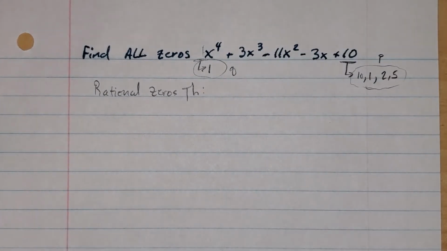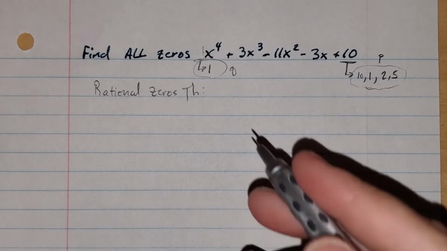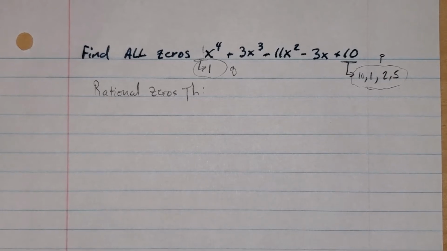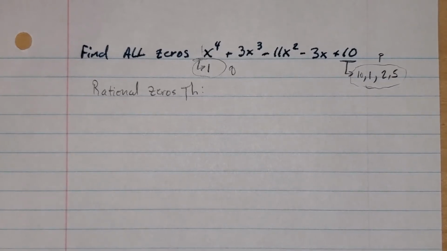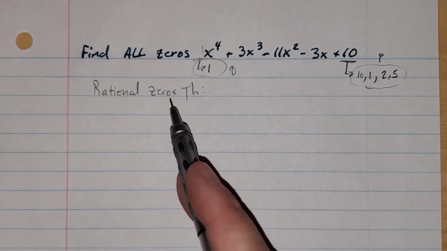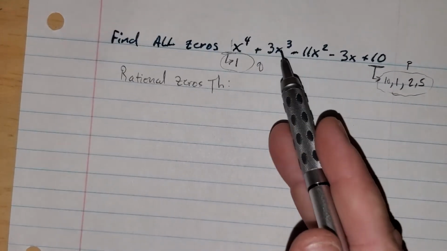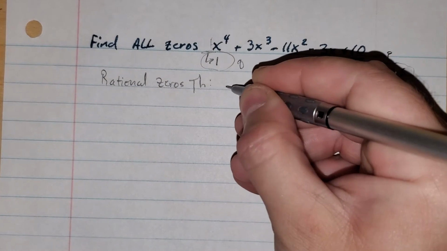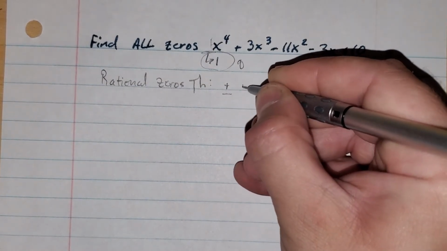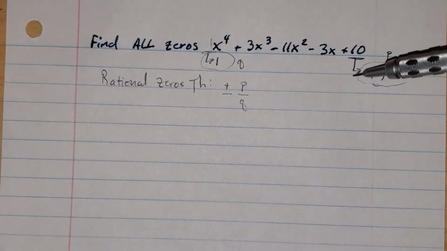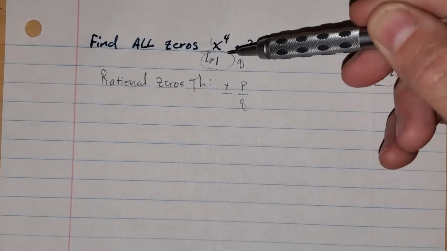The rational zeros theorem says that if there is a rational zero, i.e. a whole number or a fraction that is a terminating decimal, like 1/2 or 1/4, that is a solution to this equation, it will show up in the list created by plus or minus P over Q. So you take every one of these and put it over every one of these.